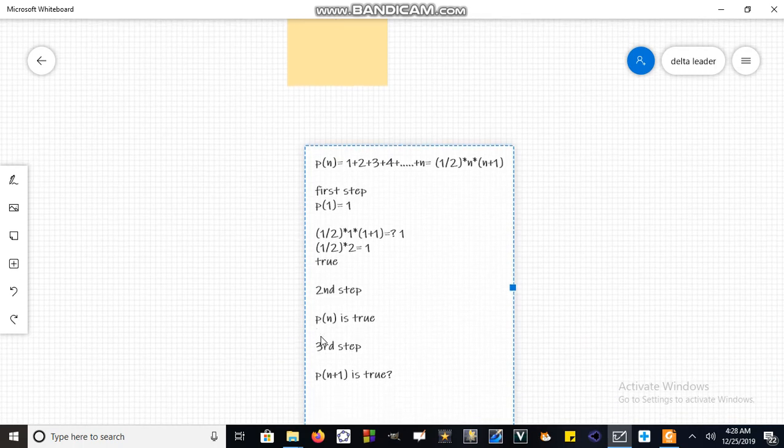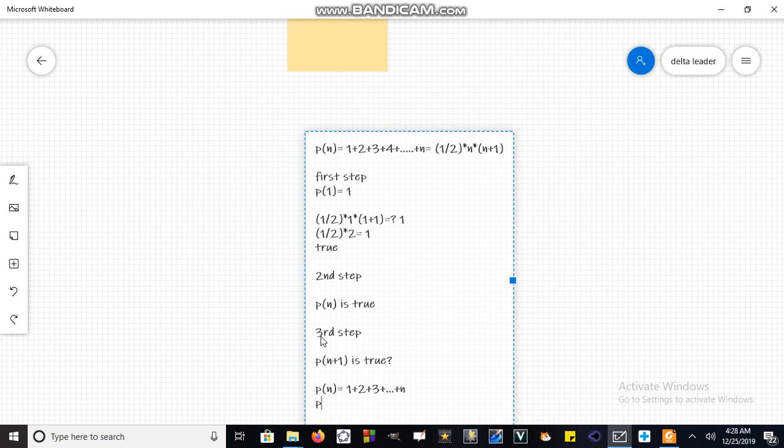So to do so, let's say we have Pn plus 1 going from Pn. Pn, let us remember, is equal to 1 plus 2 plus 3 plus dot dot dot plus n.